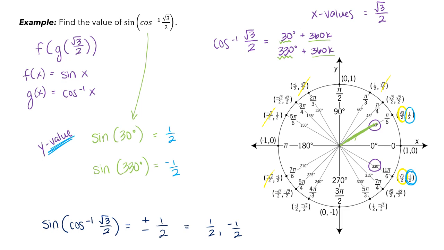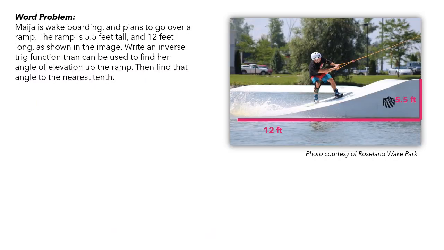Okay, one last example, a little word problem for us. So we've got Maya, who is wakeboarding, and she's planning on going over a ramp. The ramp is 5.5 feet tall and 12 feet long, as we have labeled in our image here.